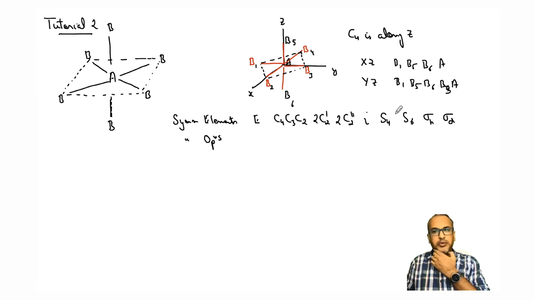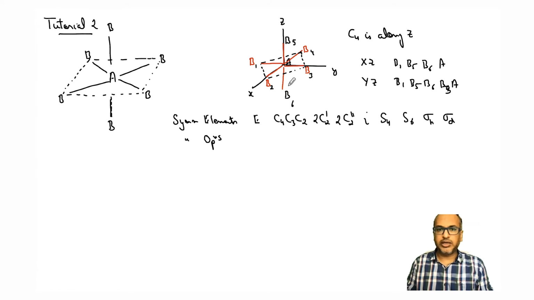Now let us try to count how many such axes there are. One of the C4 is along the Z axis. Similarly, another C4 will be along the X axis and the Y axis. So there will be 3 such C4 axes. Now about C3, where is the C3 axis?